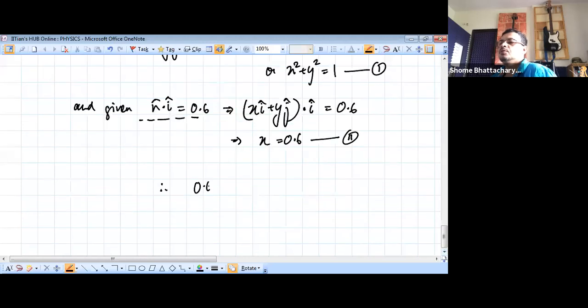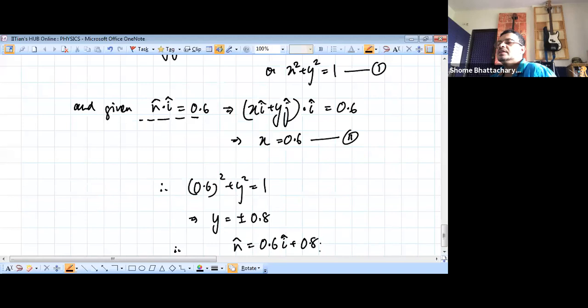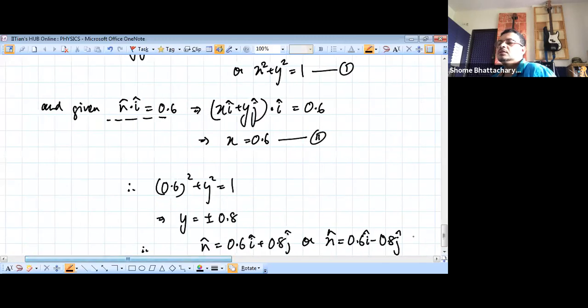Therefore, 0.6 whole square plus y square is 1. So this will give you that y is plus minus 0.8. So the unit vector n cap is 0.6 i cap plus 0.8 j cap, or it could also be 0.6 i cap minus 0.8 j cap. So there are two such unit vectors which lie in the xy plane, but at the same time their dot product with i cap is 0.6.